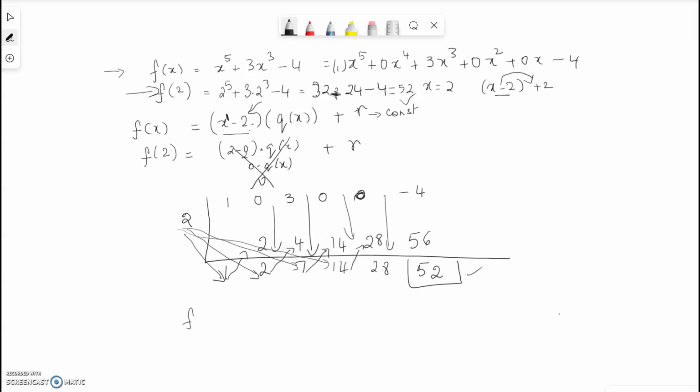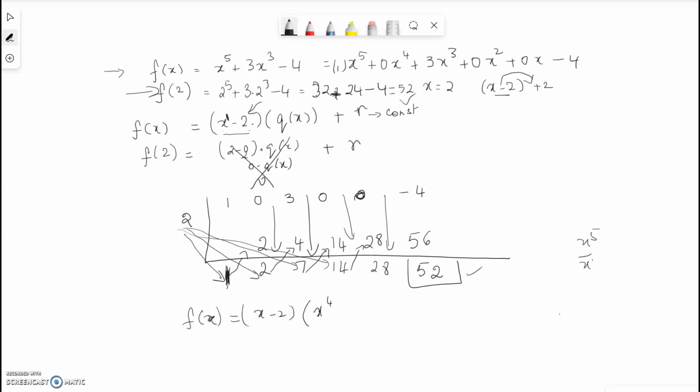So f of x is equal to x minus 2 times, let's use these numbers, since the degree of the polynomial function is 5 and I'm dividing by a linear, so I divide by x to the 1, so the 1 is the coefficient of x to the 4th.